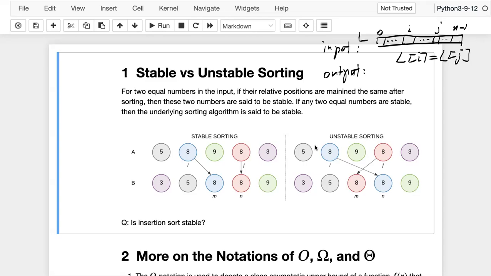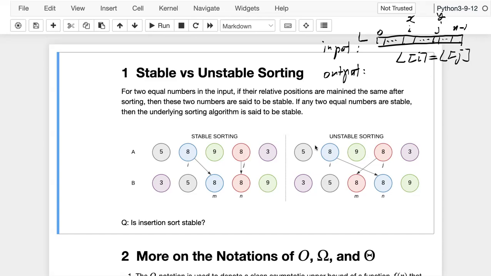So when we say stable, if L of i is placed before L of j in the output. For the original ones, let me just call them X and Y, because in the output the locations may be changed.